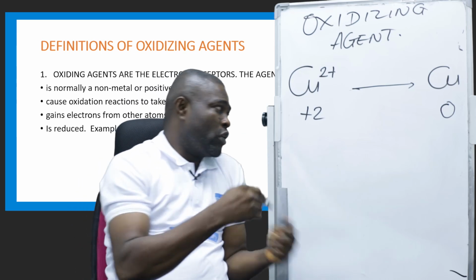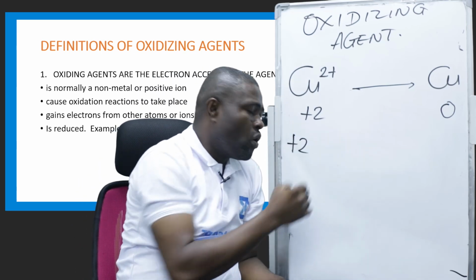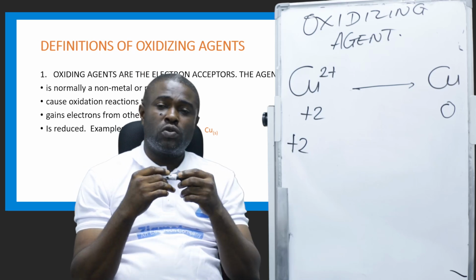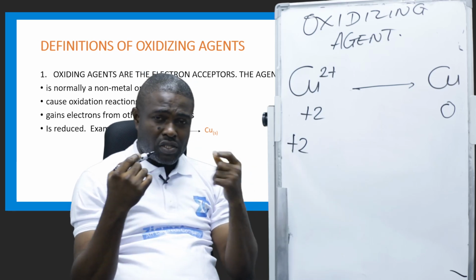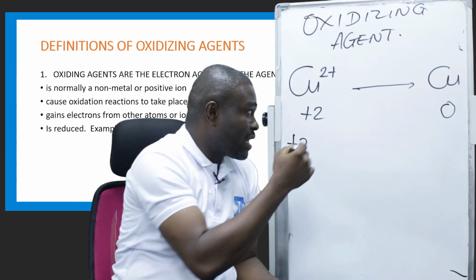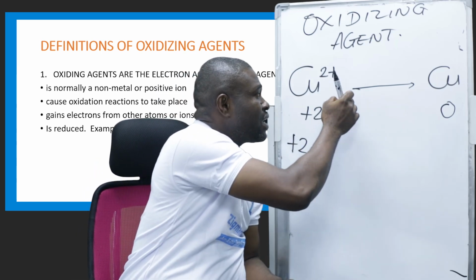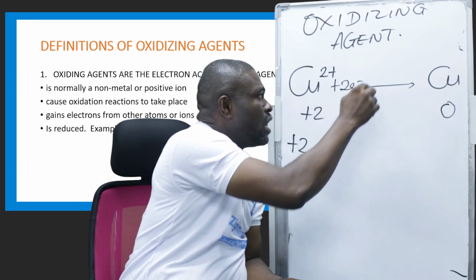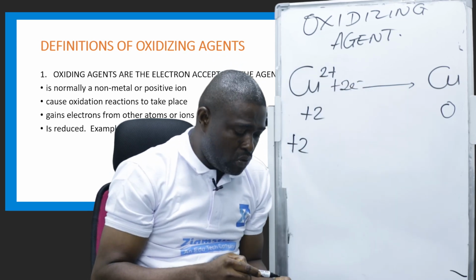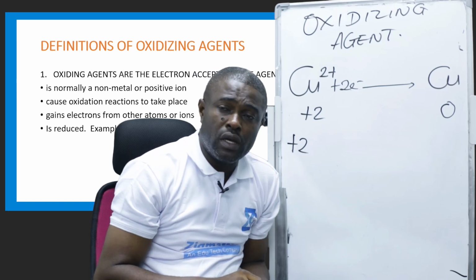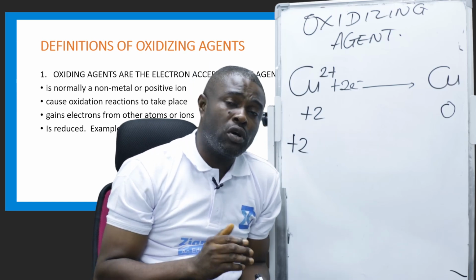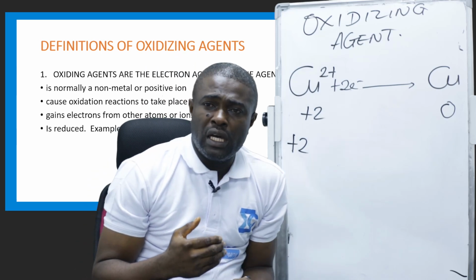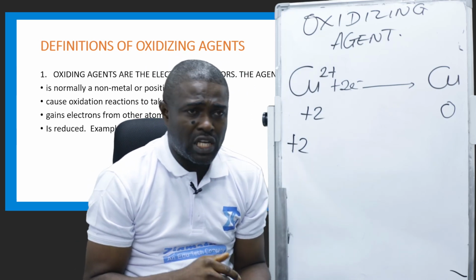So I have +2. How many negative values should I introduce to +2 in order to achieve 0? That is 2. That implies that at my left-hand side, I'm going to add 2 electrons. Remember what I said? An electron gives a negative value, because the electron is one of the fundamental particles of an atom, and it has been found to be negatively charged.